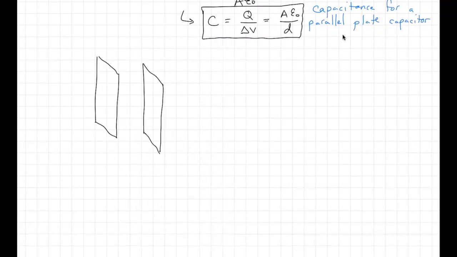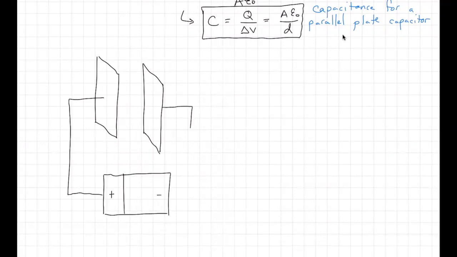And I now hook it up to a battery. So here's a battery, and let's say here's the positive side of the battery, here's the negative side of the battery. I hook up one plate to the positive side of the battery, one plate to the negative side, and there's some potential difference between the two terminals of this battery. Say there's a potential difference V from one side to the other.